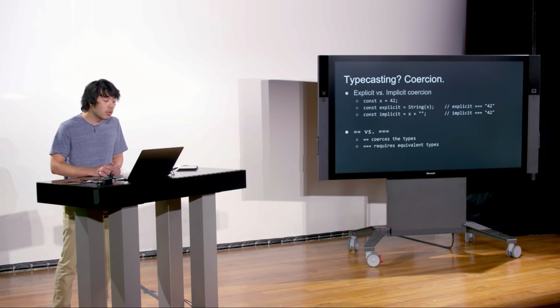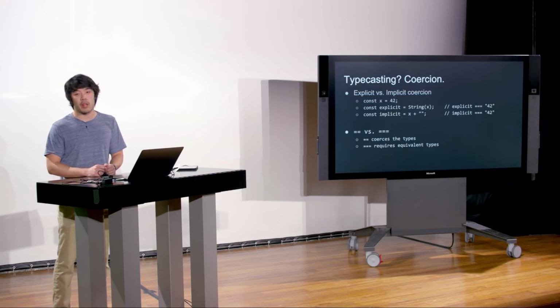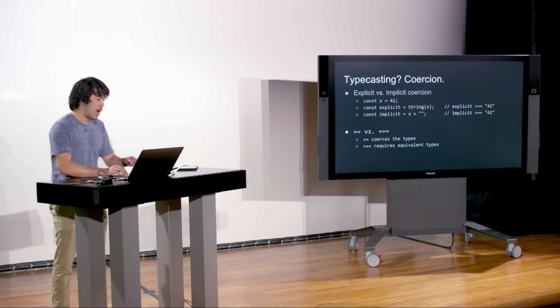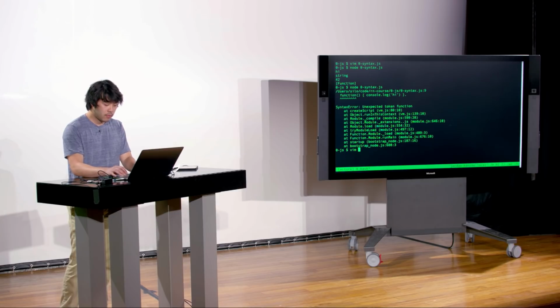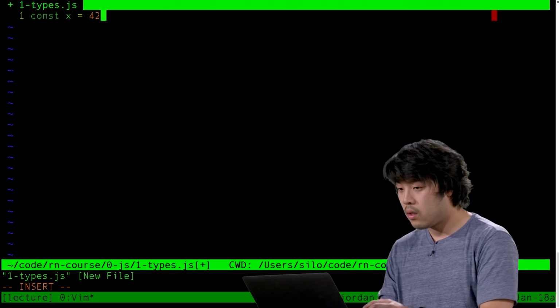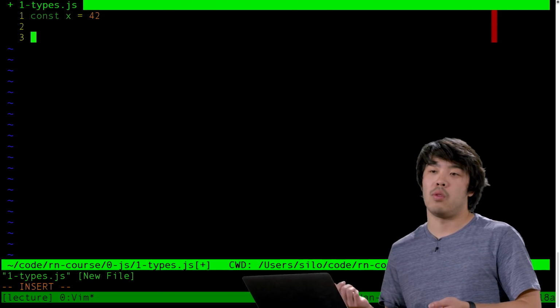Cool, and so how might we go about comparing values? In most languages, you can compare values with a double equals, but JavaScript has this thing called triple equals. So there are two different ways of comparing equality. There's double equals and there's triple equals, where double equals will actually coerce the types, and triple equals requires that the types match. Let's play with that a little bit. Say I have this value, and I want to know exactly what type that is.